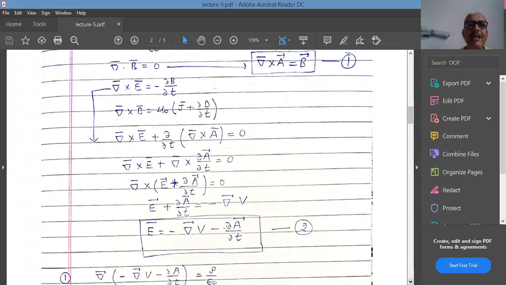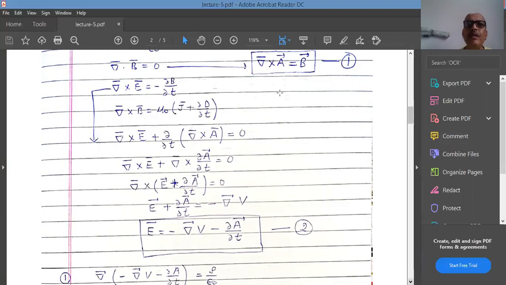You can see that E is still equal to minus gradient of V if we are back to electrostatics, where del A over del t will be equal to 0, because A is not a function of time.